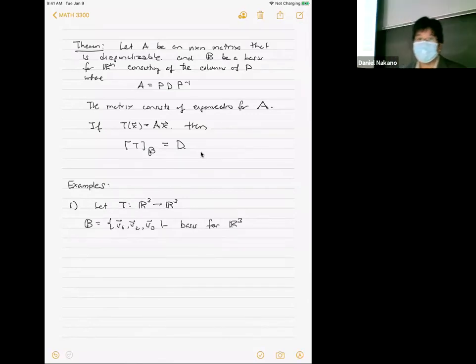Okay. Now, I want to define the linear transformation by telling you where it sends a linear combination of the basis elements.